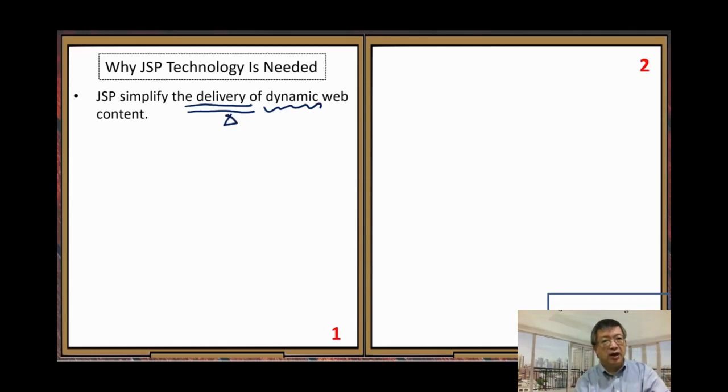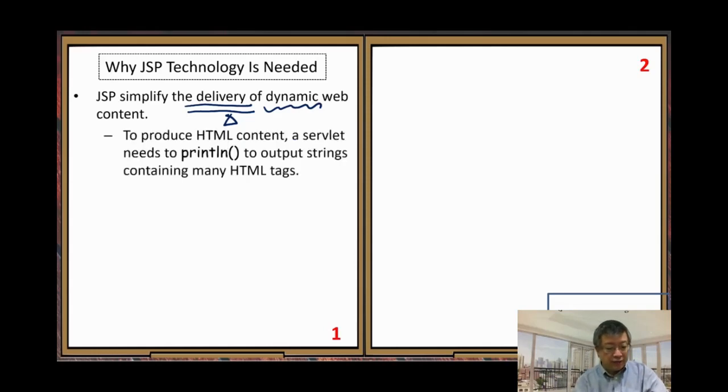Now, let's look at the delivery detail, to produce HTML content. We saw examples in the previous video. A servlet needs to use the println or print method. With println, we change line, right? ln means line, line change.